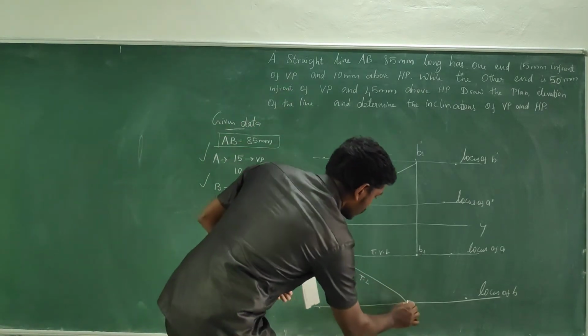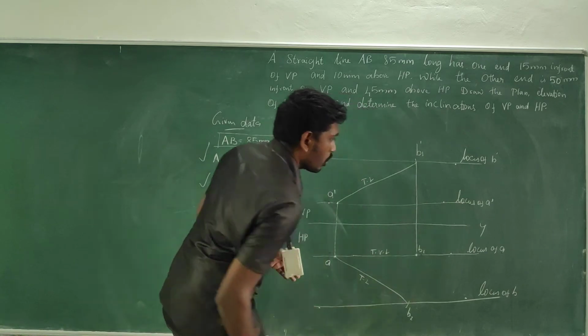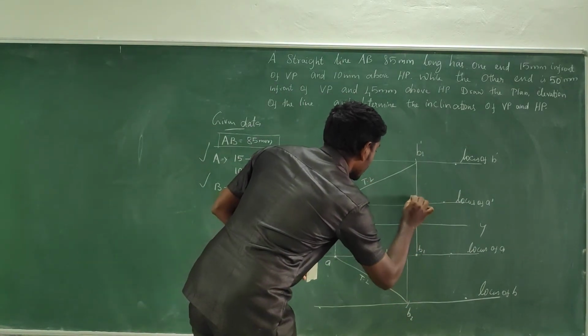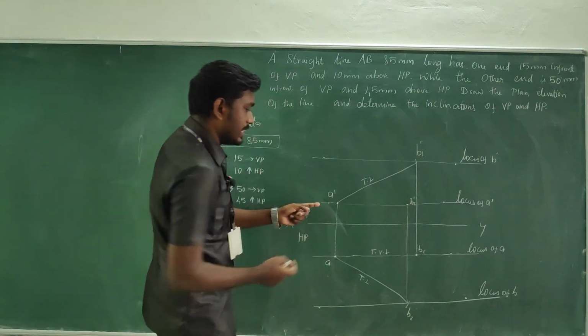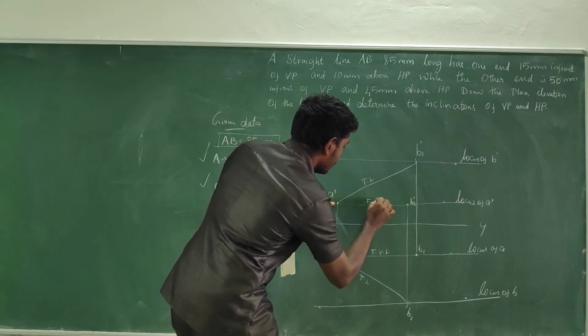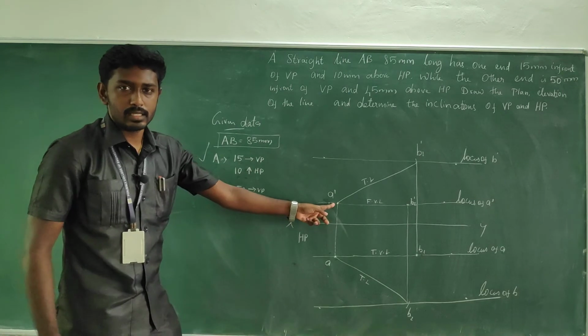If you take the projector line by extending it to the locus of A dash from B2, it becomes B2 dash, and you can see the front view length, which is A dash to B2 dash.